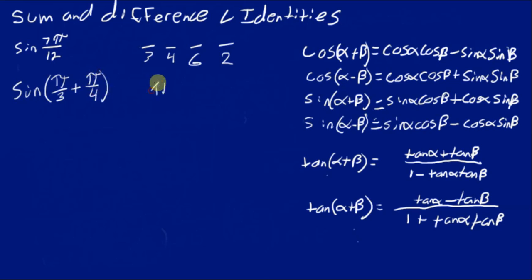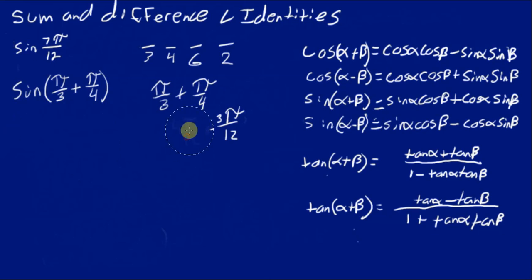That is pi over 3 plus pi over 4, common denominator of 12. So the left one needs to be multiplied by 4 over 4, so 4 pi over 12. And this one needs to be multiplied by 3 over 3, 3 pi over 12, which gives me my 7 pi over 12. Like I said, they're a little more difficult, but I'm pretty confident you guys can do it.